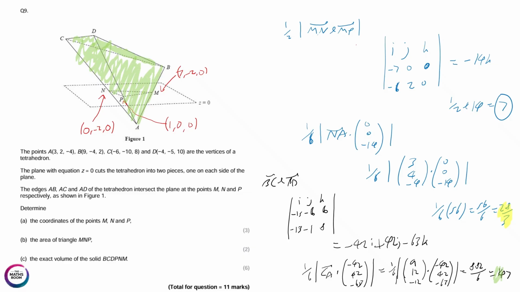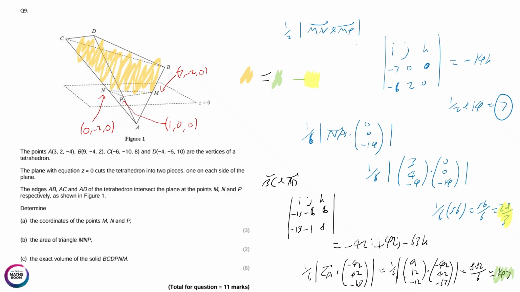Yeah, whole tetrahedron. Okay, so what do I want? I only want this bit. So that, the orange, must be the green minus the yellow.